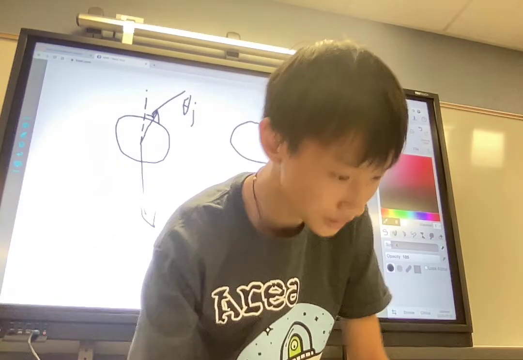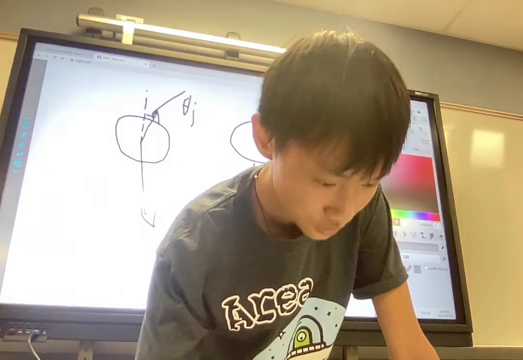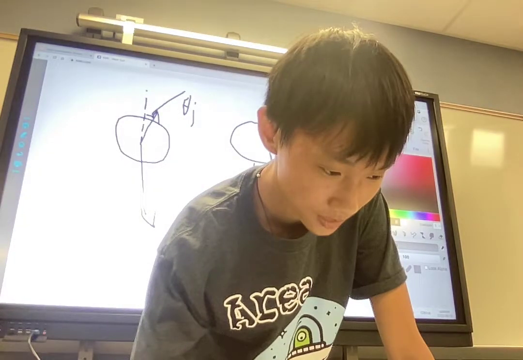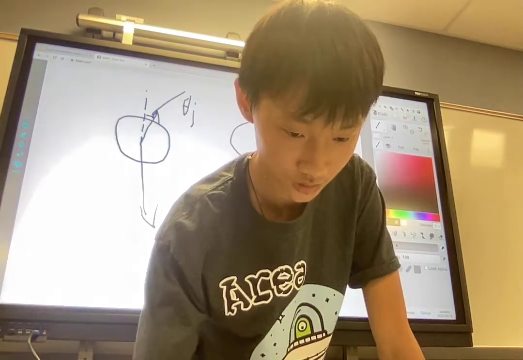And so normally, if you point the joystick in this kind of upward right direction, the robot would move in this direction. But we actually want it to move in this direction because that's the way that the joystick is facing, actually.